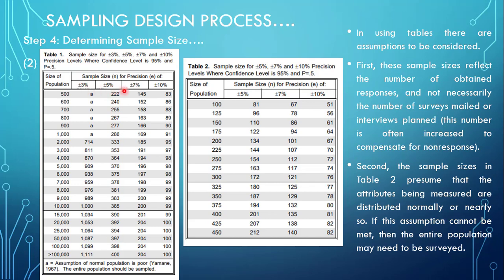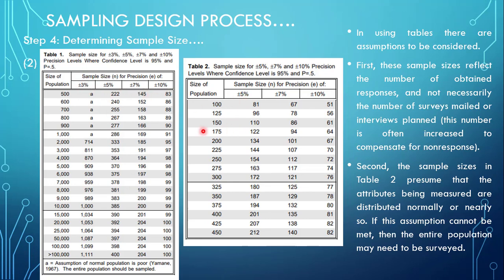So whenever the precision level increases, then the sample to be drawn will decrease as you see it. If the population is more than 100,000, if it is bigger than 100,000, then you are going to take the sample size based on the precision levels indicated in here.